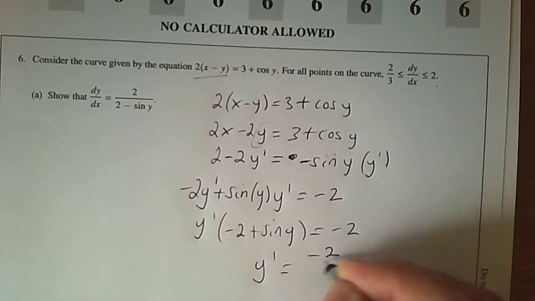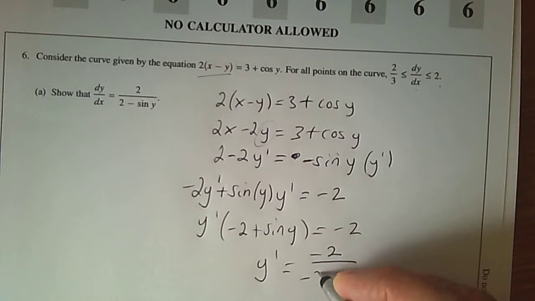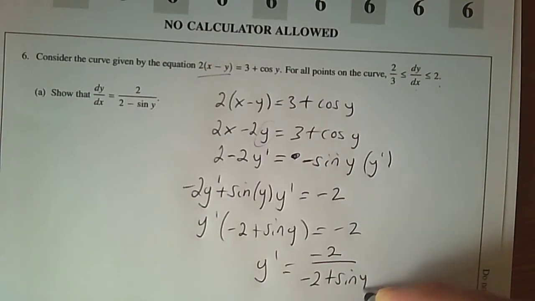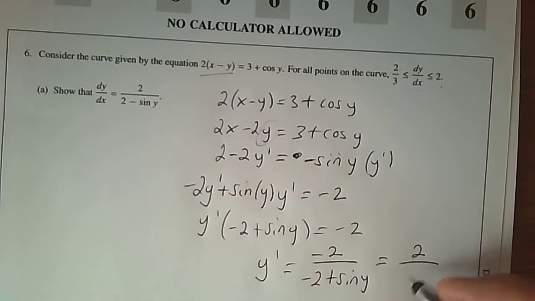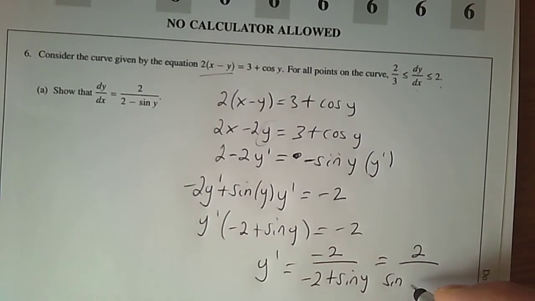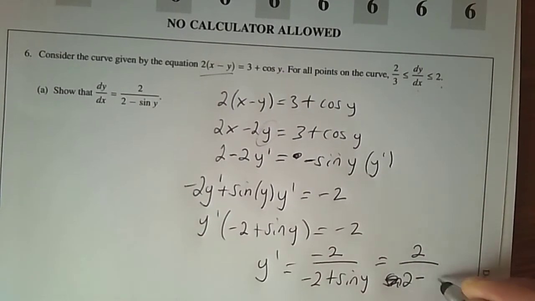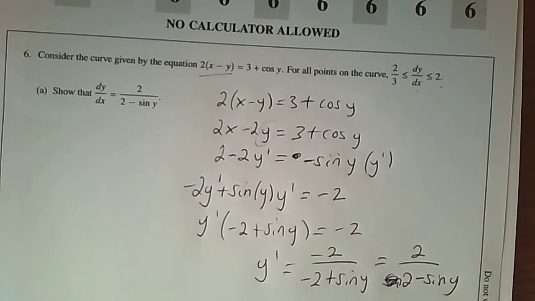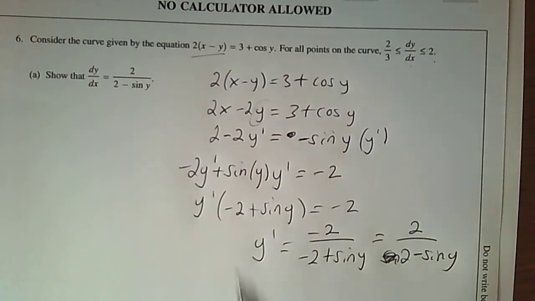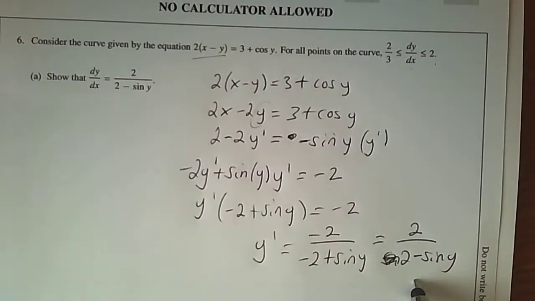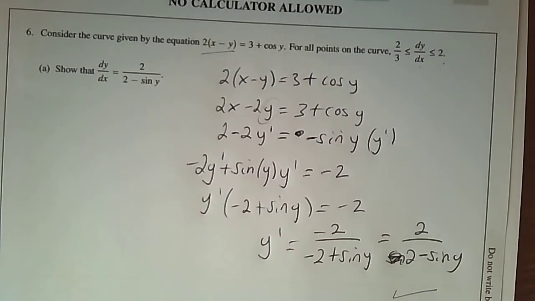So I get negative 2 divided by negative 2 plus sine y, and if you multiply top and bottom by negative 1, you would see that it would look exactly like that. So did you show that that equation matches that derivative? And the answer is yes, and you did it.